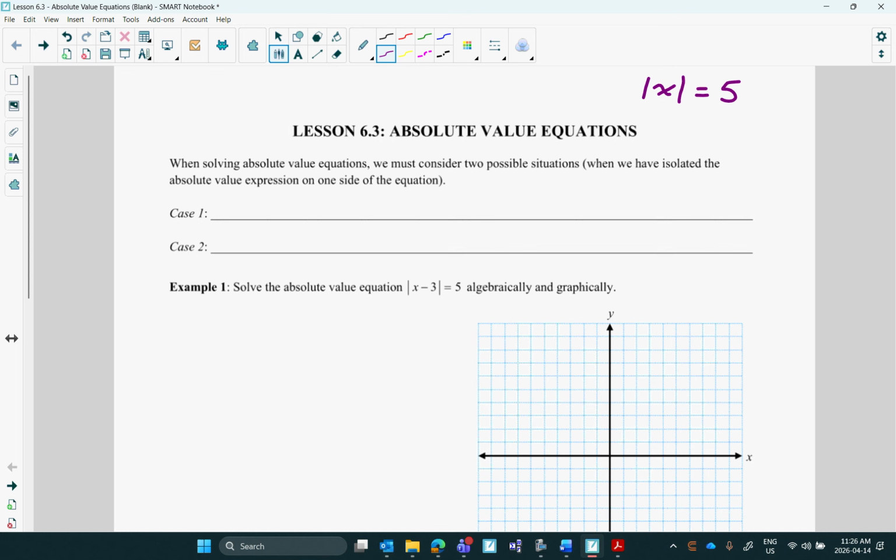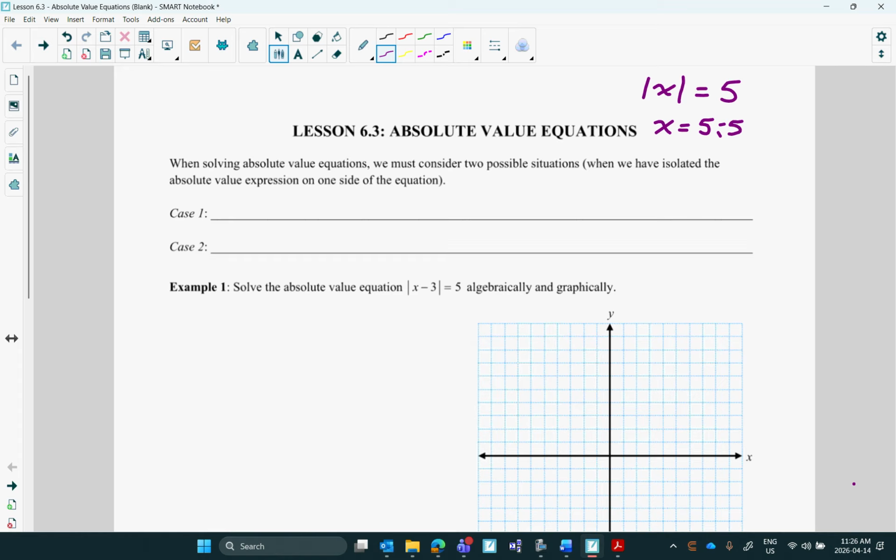Solve for x. What's x? 5. Is there another answer? -5, right? That's exactly how we solve absolute value equations.